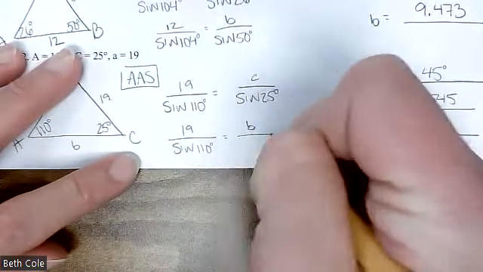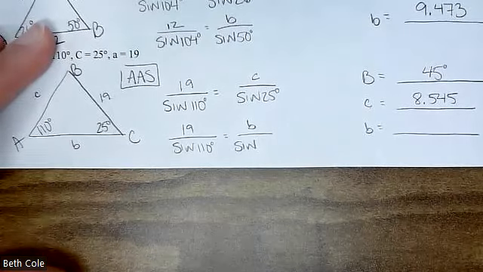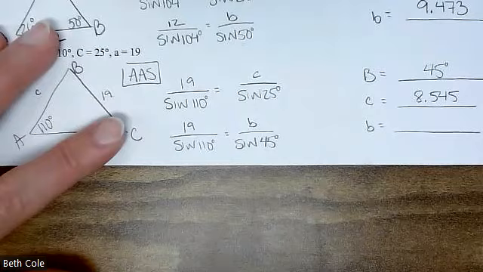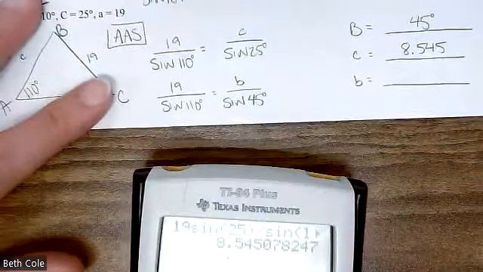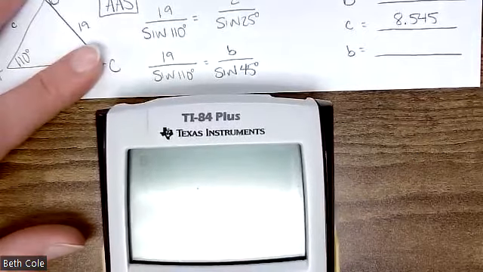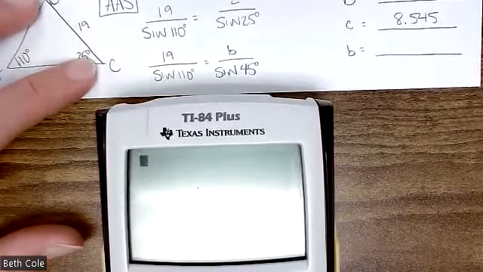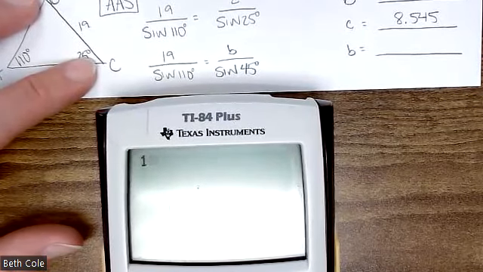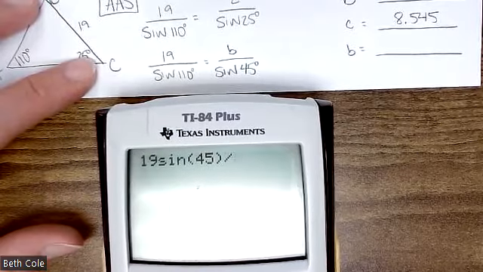So it'll be b over sine of, what was angle B? We found that one, didn't we? 45. So how would I type that one? What would I put in for that one? 19 sine 45, divided by sine of... Good.